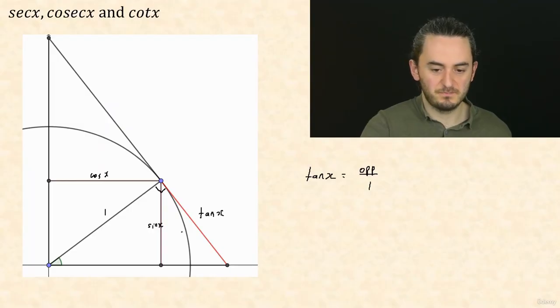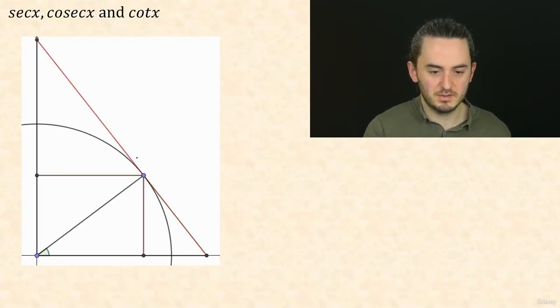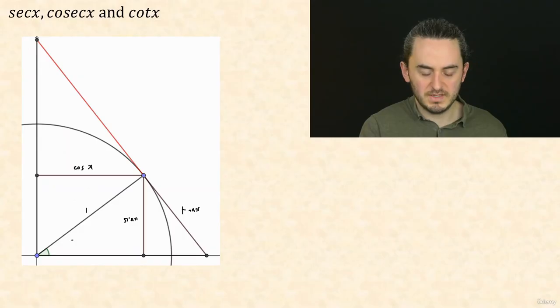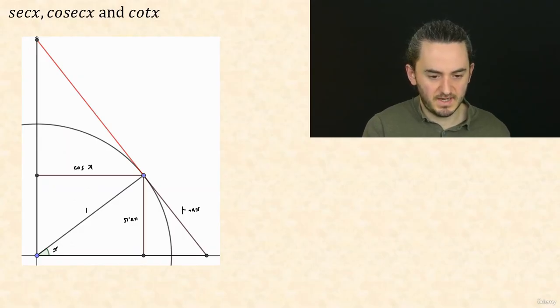Let's keep going. What about this one here? So let's say what we know so far. We know that's 1. We know that this is sine x. We know that this is cosine x. We know that this is tan x. What about this one? Well, let's do some similar triangles work here. So this is x here.